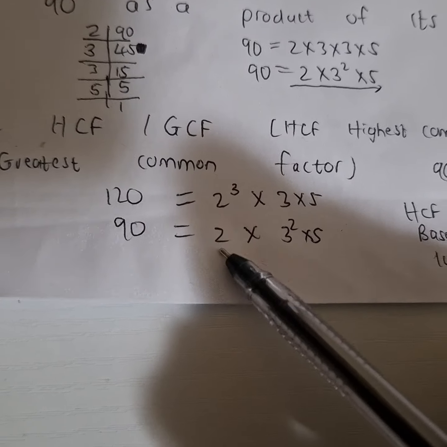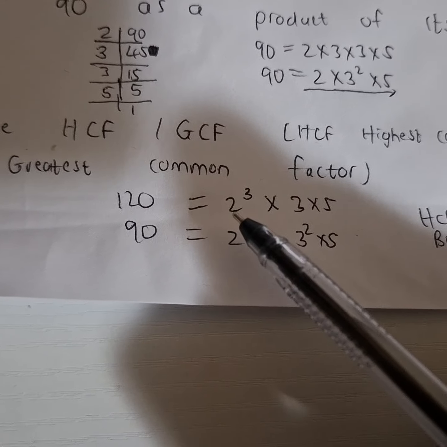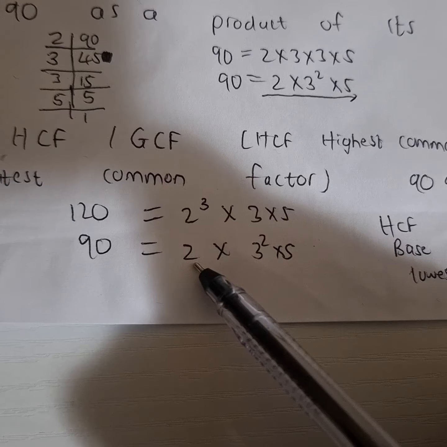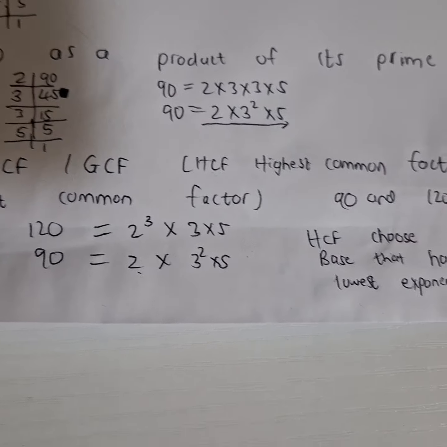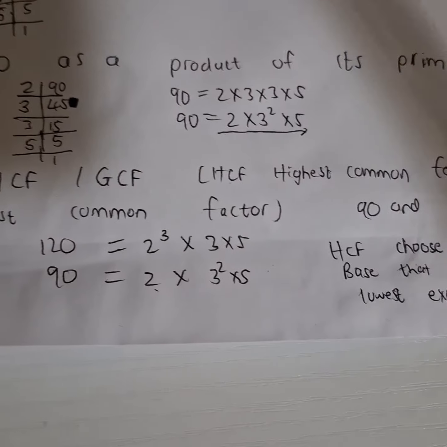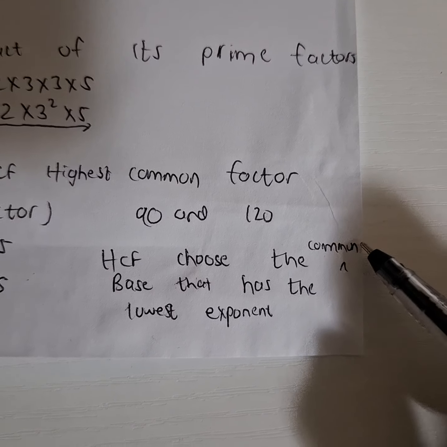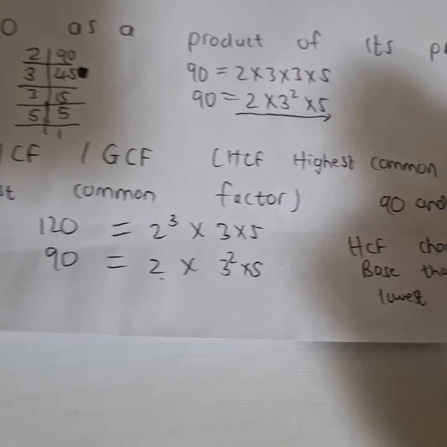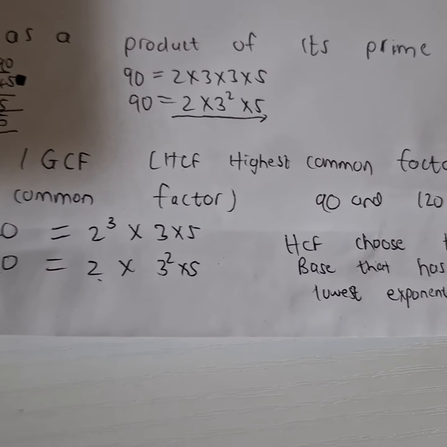Then we choose between these numbers the common base that has the lowest exponent for each common base. So we look at the common base, and it has to be common for both numbers. That's how we establish commonality.